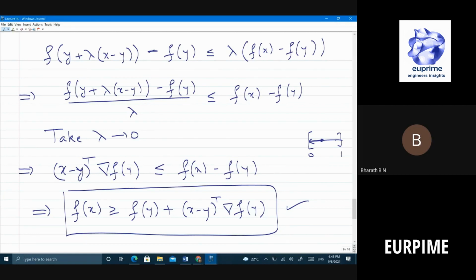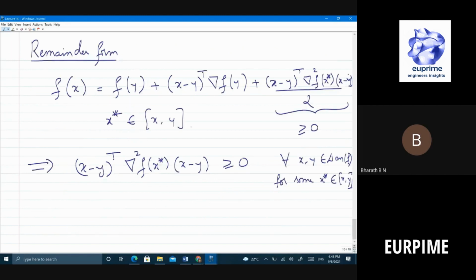So f is convex implies some inequality, that implies the Hessian is positive semi-definite. So if f is convex, the Hessian should be positive semi-definite.